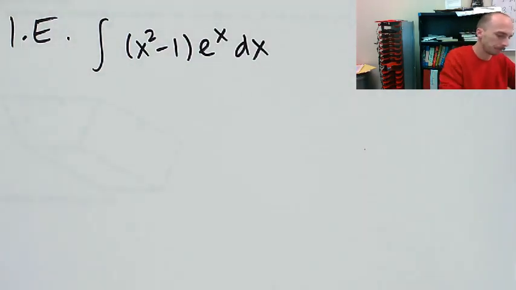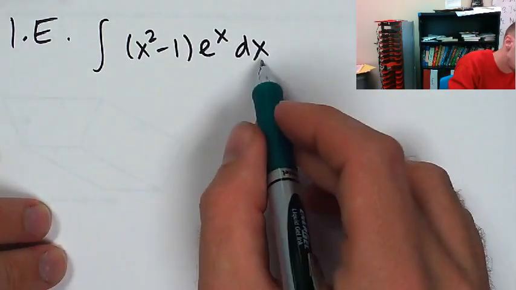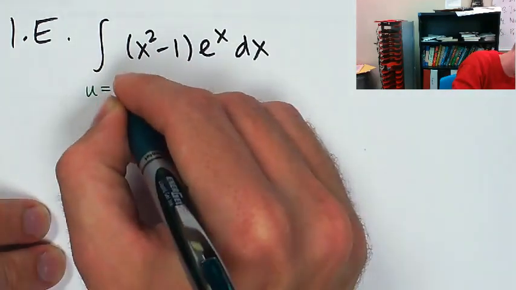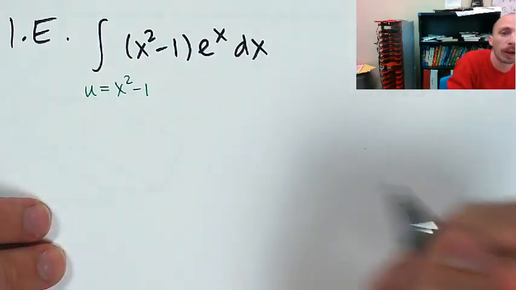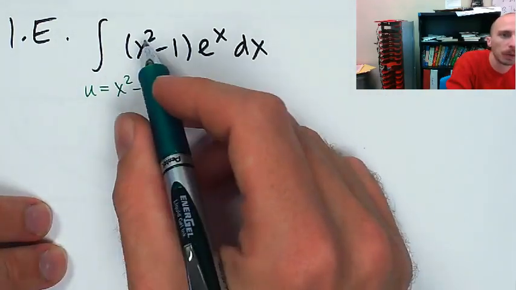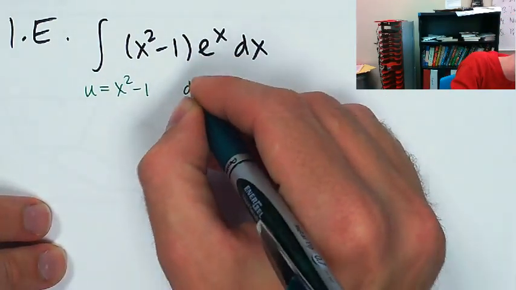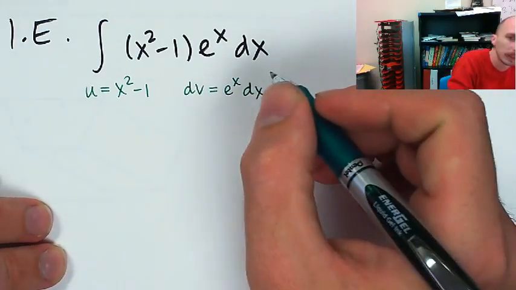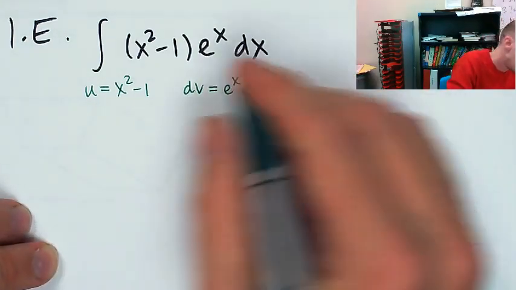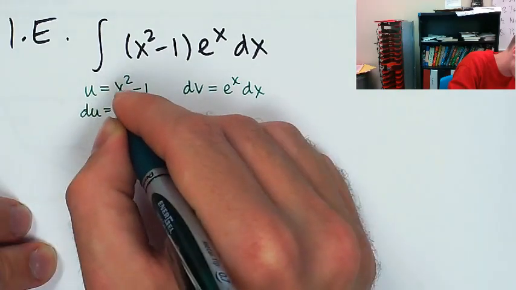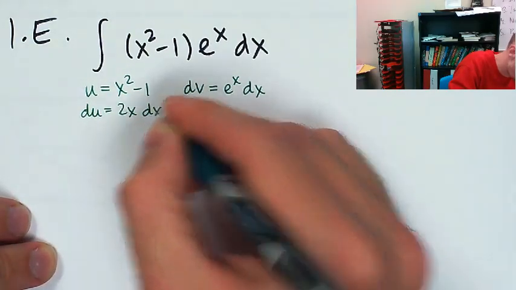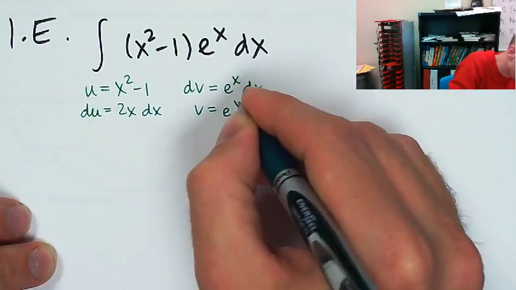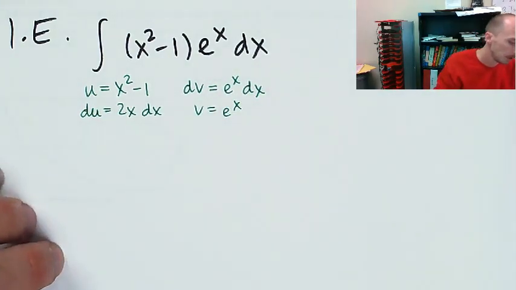All right, so let's do u equals x squared minus 1, algebra before exponential and I late. So I'm going to let u equal x squared minus 1 and dv equal e to the x dx. Okay. And then I'm going to take the derivative and the antiderivative. Okay.